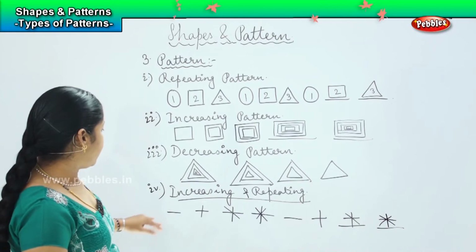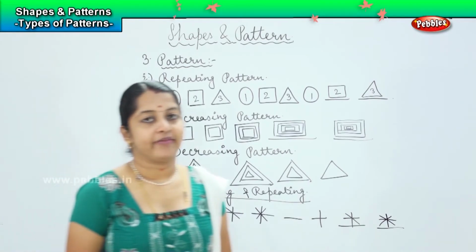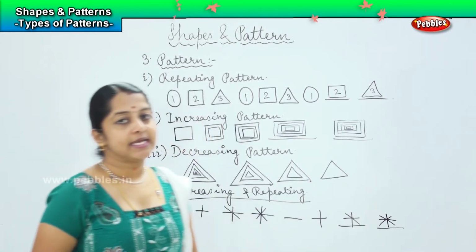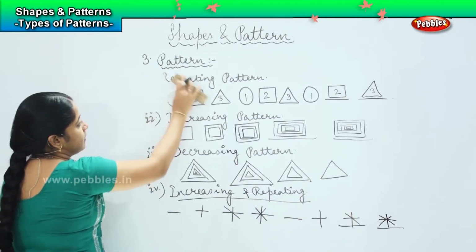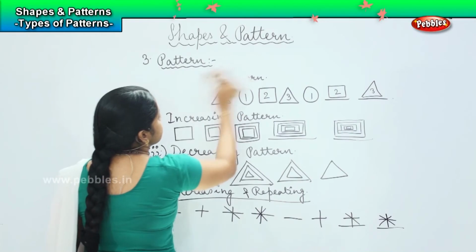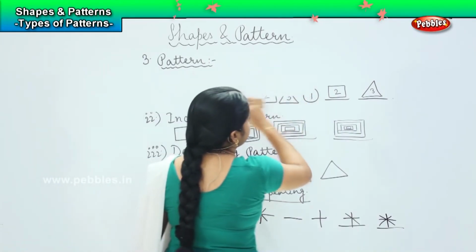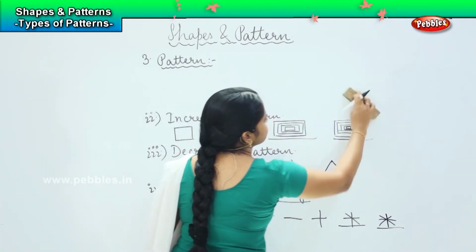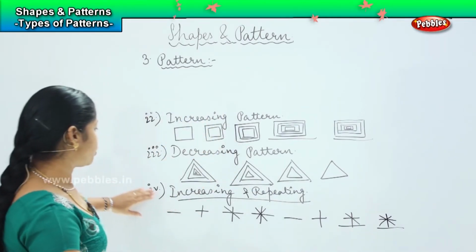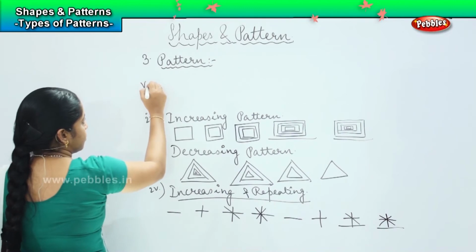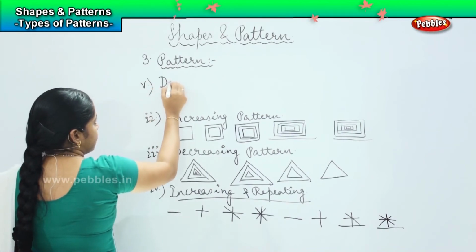Okay. The next one which we will be having is decreasing and repeating. That is, it is the combination of the first one and the third one. Just the opposite of what we saw right now.